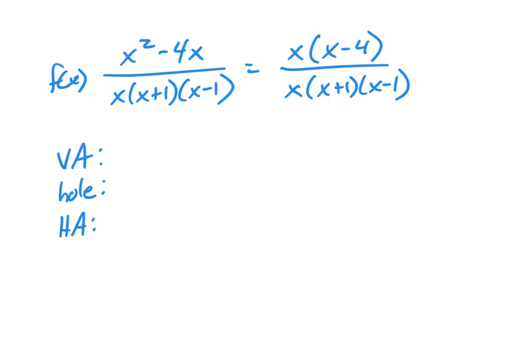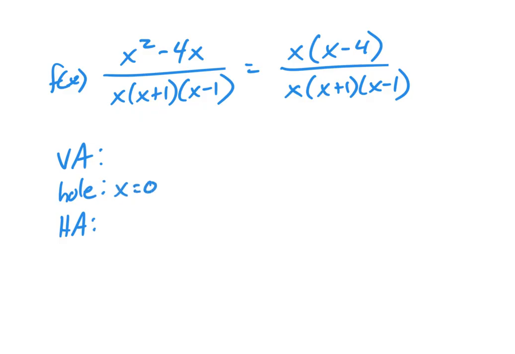Okay, would there be any holes in this one? Yeah. Where would it be? At 0, yep. Because we got a common factor of x, right? Common factor of x would be a hole. So x equals 0 would be my hole.